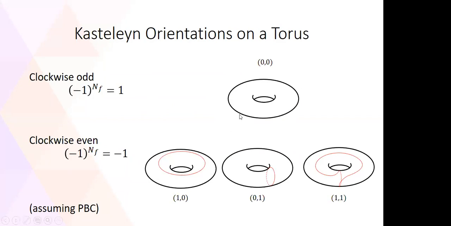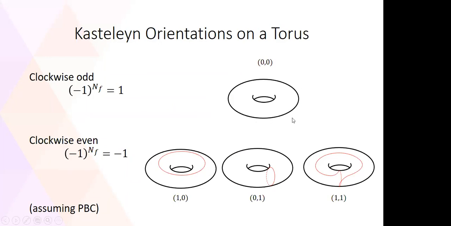And if you now use this, you modify the clockwise odd rule to these non-contractible loops, you'll find that the parity of the state here will be opposite to these.